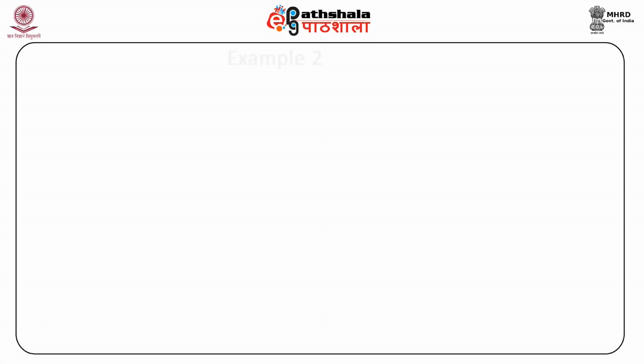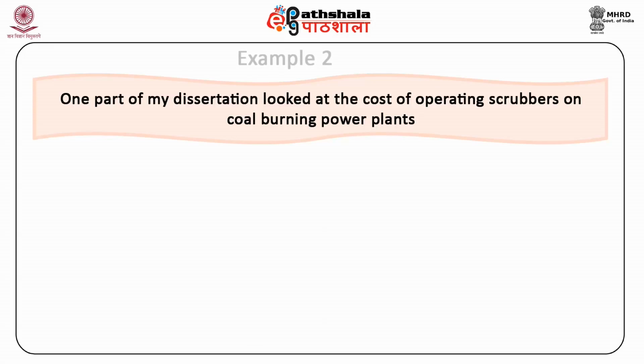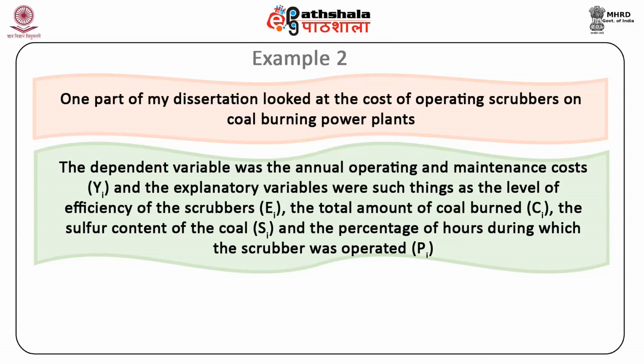We can have another example. Example 2. One part of my dissertation looked at the cost of operating scrubbers on coal-burning power plants. The dependent variable was the annual operating and maintenance cost, yi, and the explanatory variables were such things as the level of efficiency of the scrubbers, ei, the total amount of coal burned, ci, the sulfur content of coal, si, and the percentage of hours during which the scrubber was operated, denoted as pi.